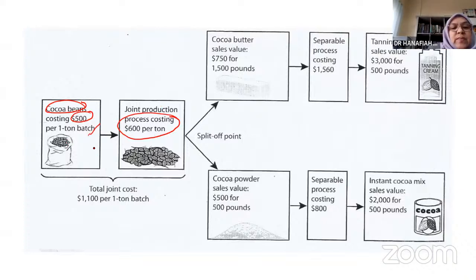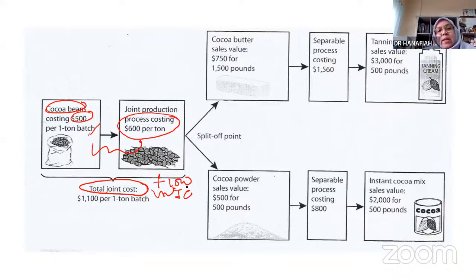Both items are considered joint cost. Let's say you add one more, it's still joint cost. Okay.